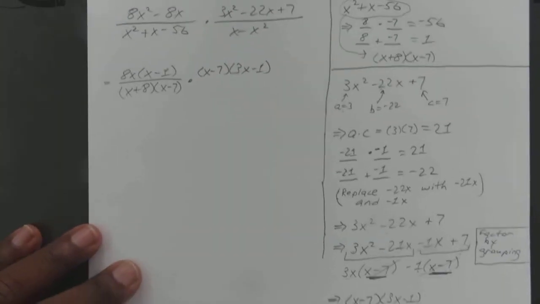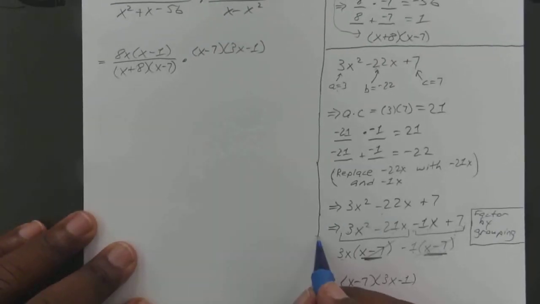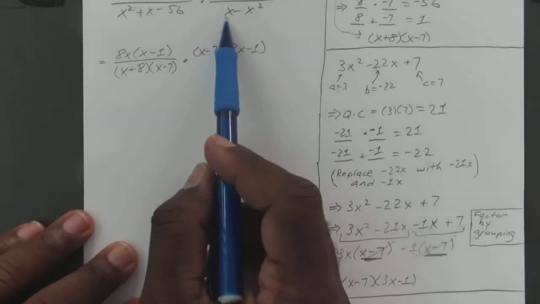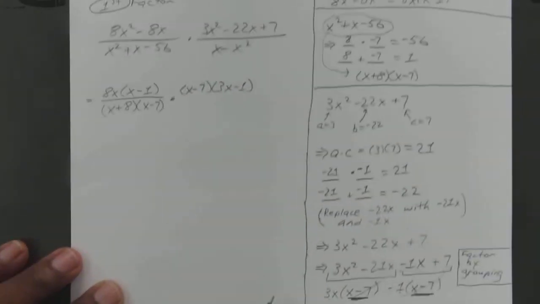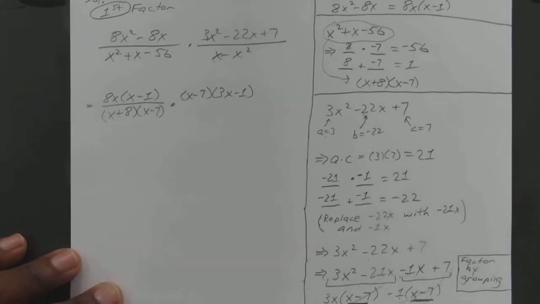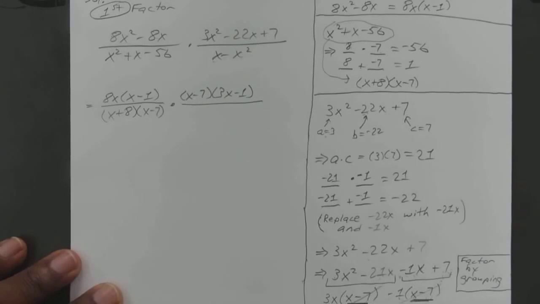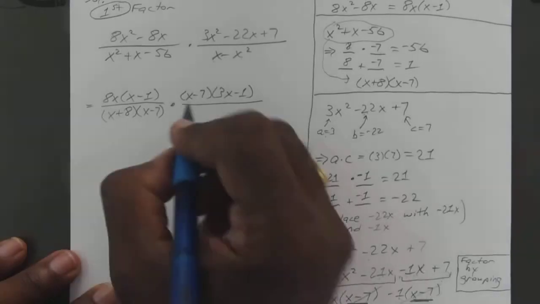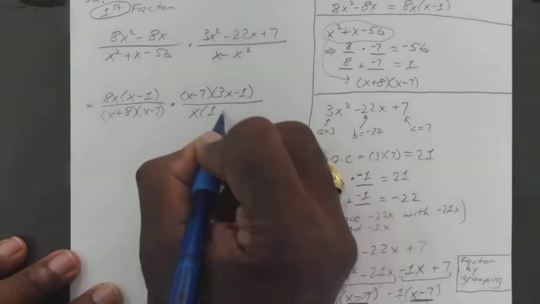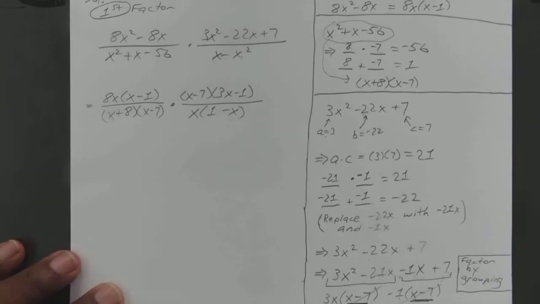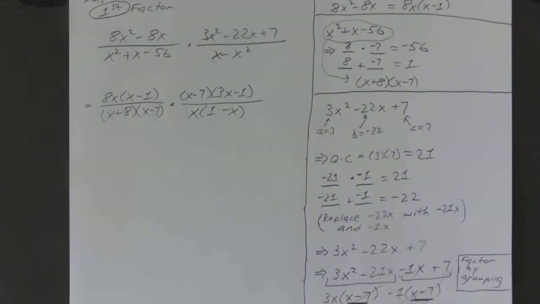Okay, so after all of that, we can go back up to our x minus 7, 3x minus 1. And the last one, you just really have to factor an x out of both of those. So x minus x squared is just x times 1 minus x.